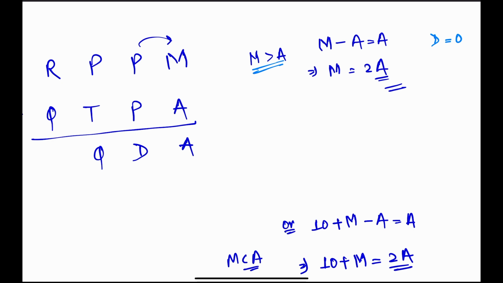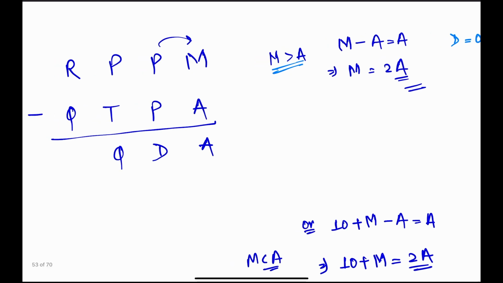If my M is greater, it will be 2A. P minus P will give D as 0. Then comes P minus T equal to Q. So one thing, if I notice correctly, P minus T equal to Q, after that R minus Q will be equal to 0.